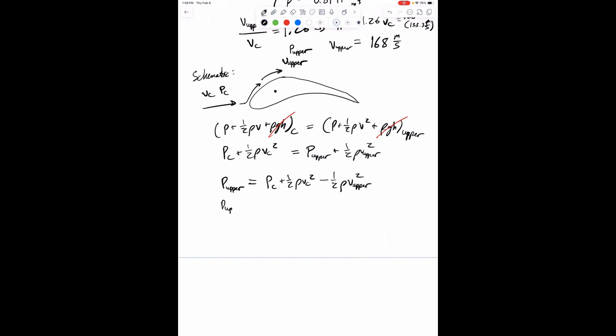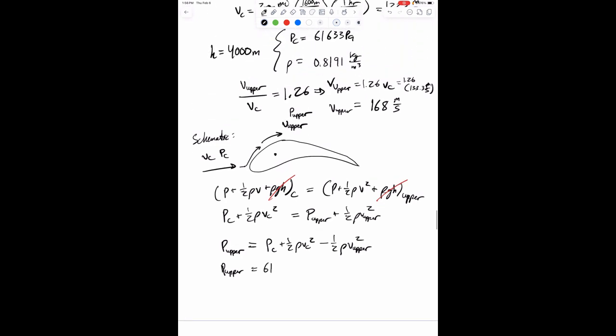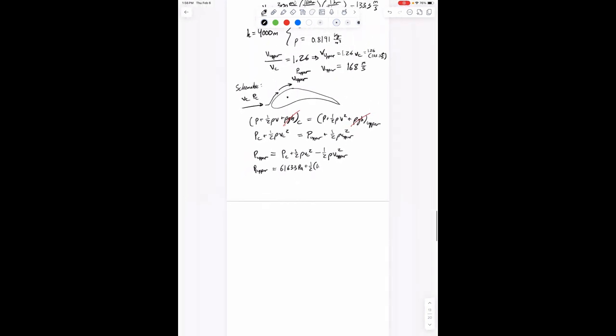P upper is 61,633 pascals plus 1/2 times density. Density is 0.8191 kilograms per cubic meter times the difference of velocity squared.